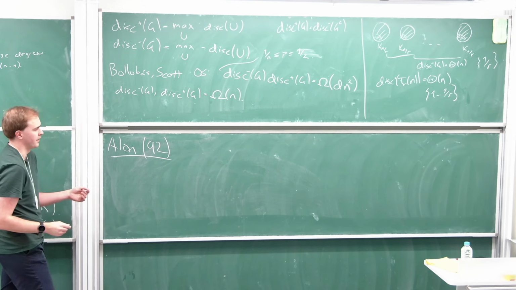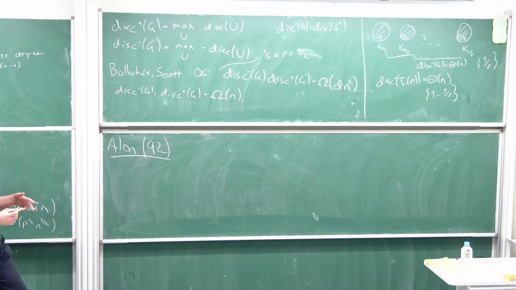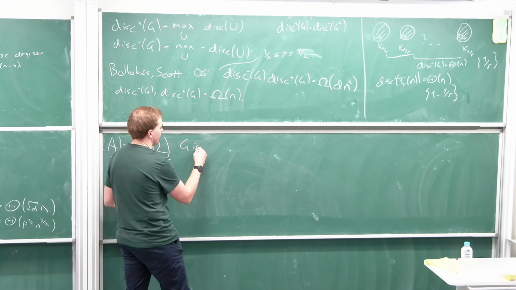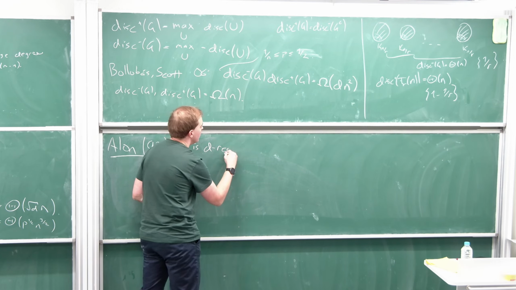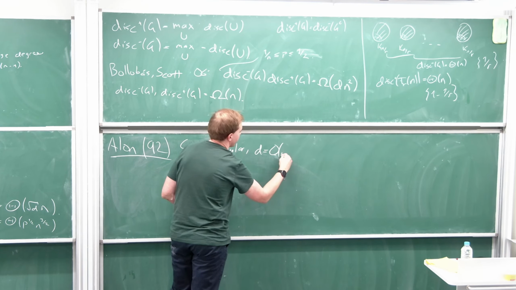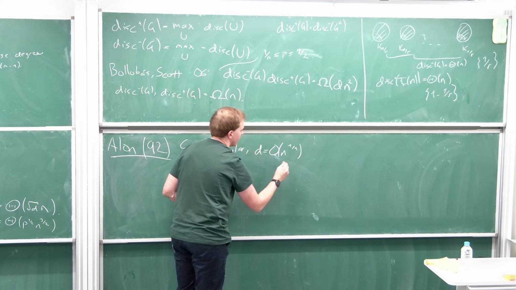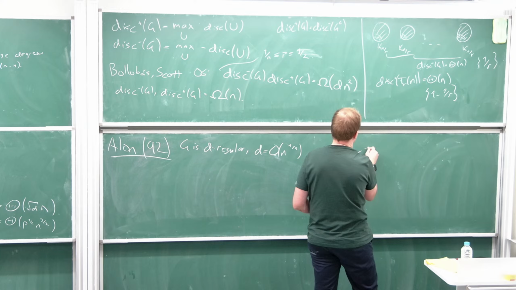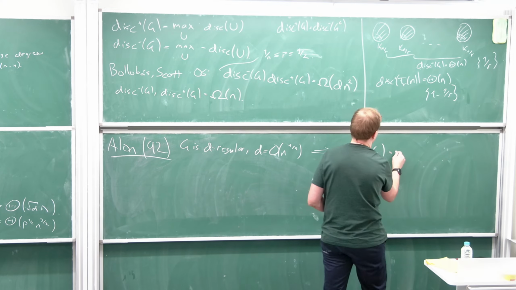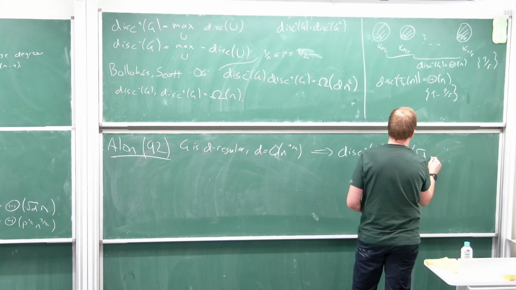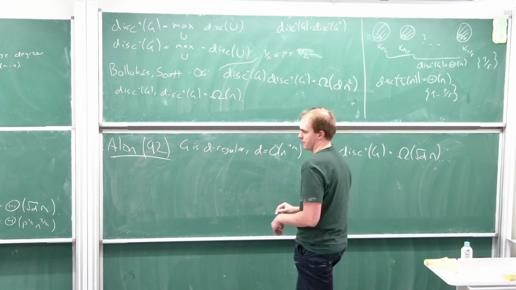So already much earlier, although phrased in a slightly different language, Alon proved that if G is irregular and the graph is really sparse, then the positive discrepancy of G is at least as large as the one of the random graph.